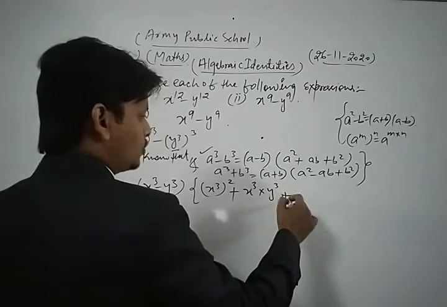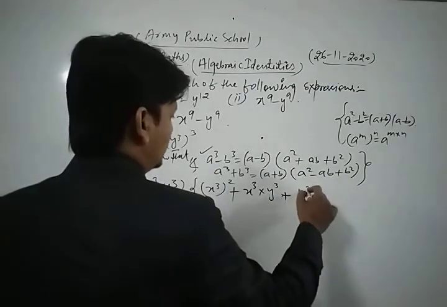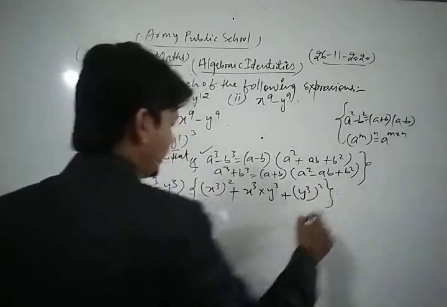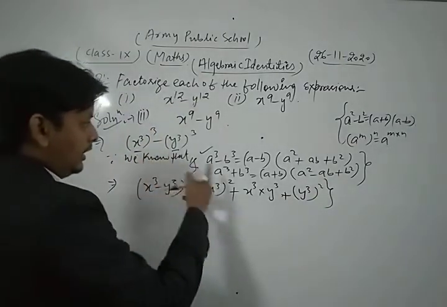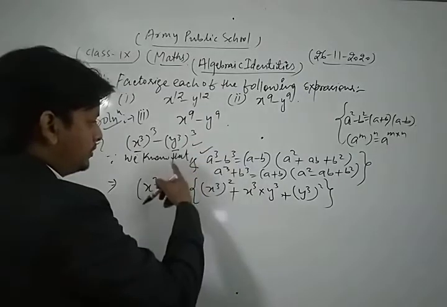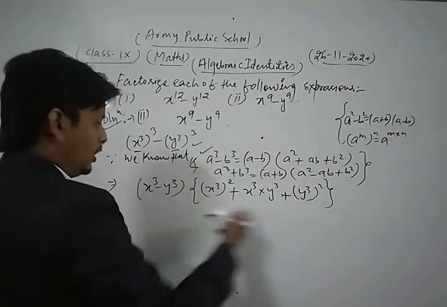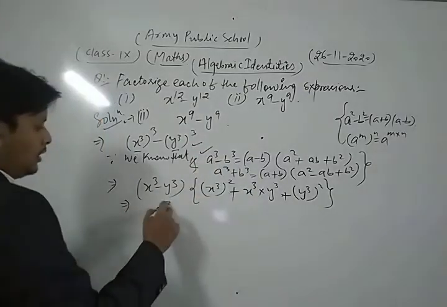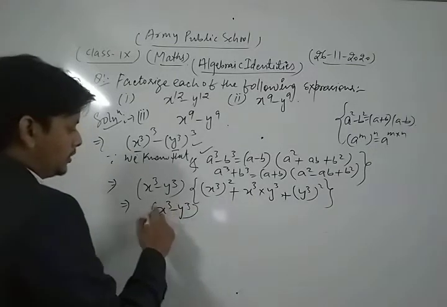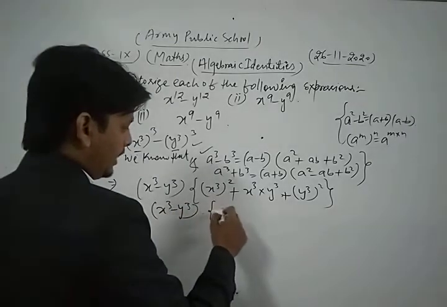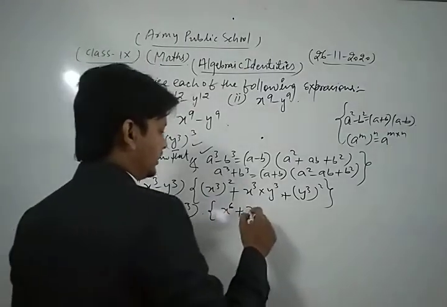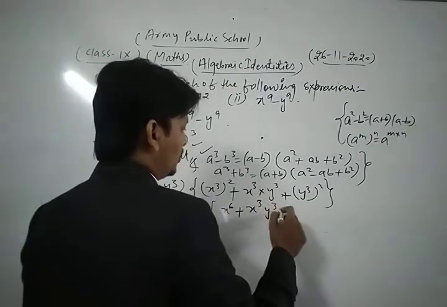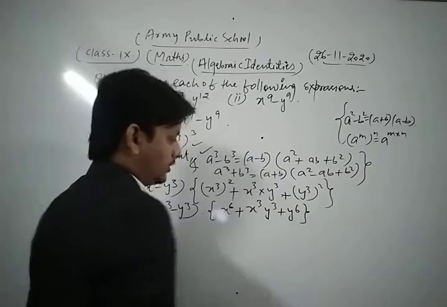Expanding based on the identity, we get x to the power 6 plus x cube y cube plus y to the power 6.